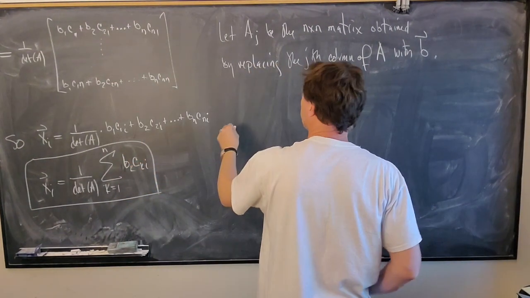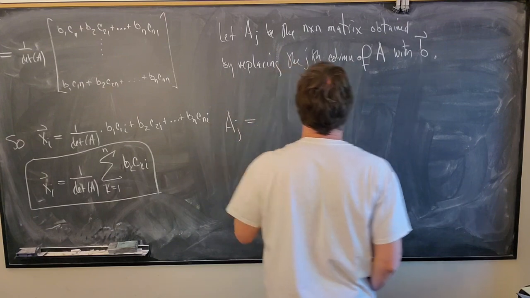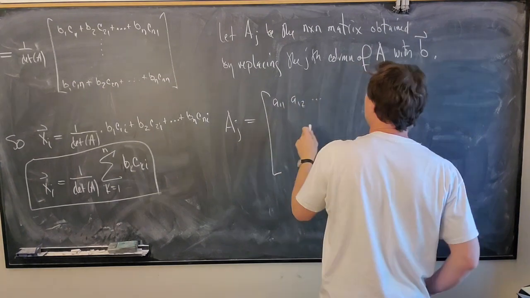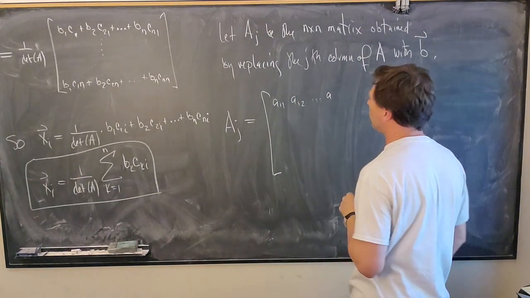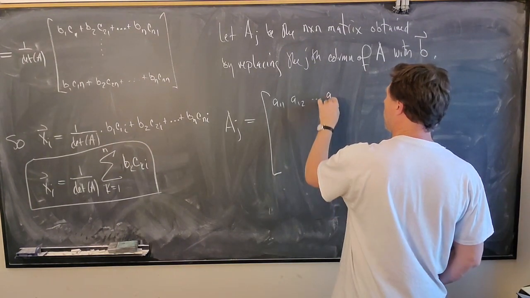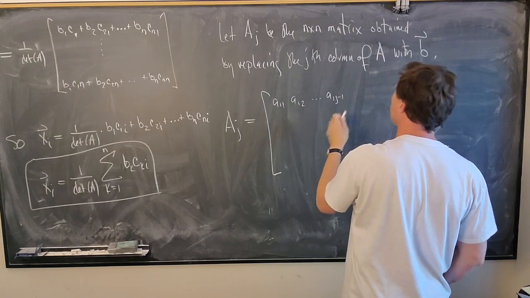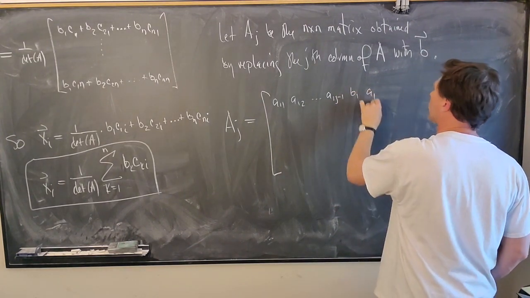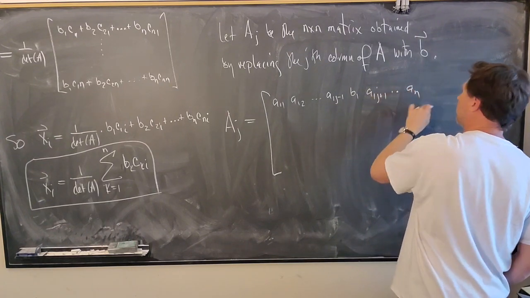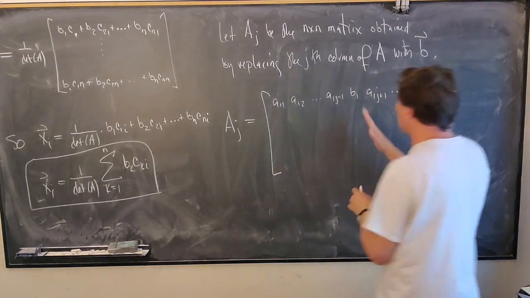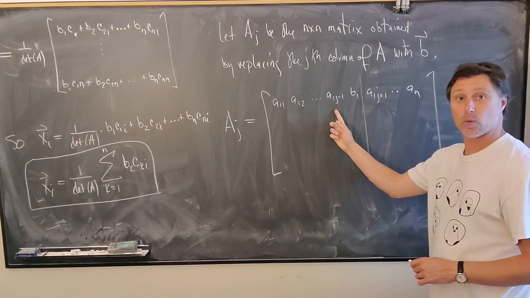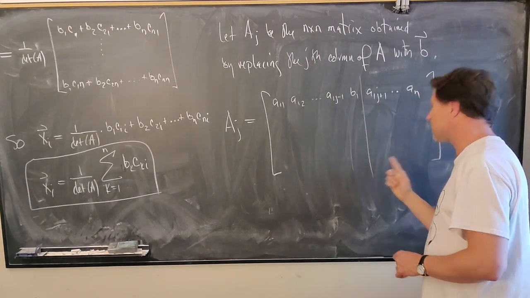So A sub j is going to go A11, A12, dot, dot, dot, and then A sub 1, j minus 1, B1, A sub 1, j plus 1, dot, dot, dot, A1n. You keep doing this, so we're going to see B filling out the jth column. This is the j minus 1th column, this is the j plus 1th column.